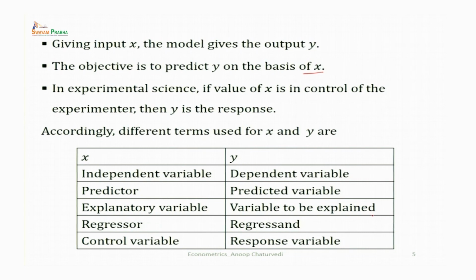We are explaining the variations in y on the basis of x. Then y is your regressand and x is your regressor, or y is your response variable and x is your control variable. So, we use these terms for the variables x and y.